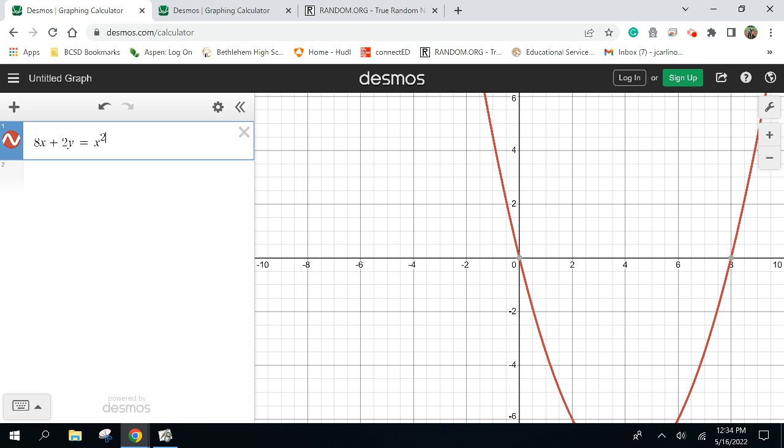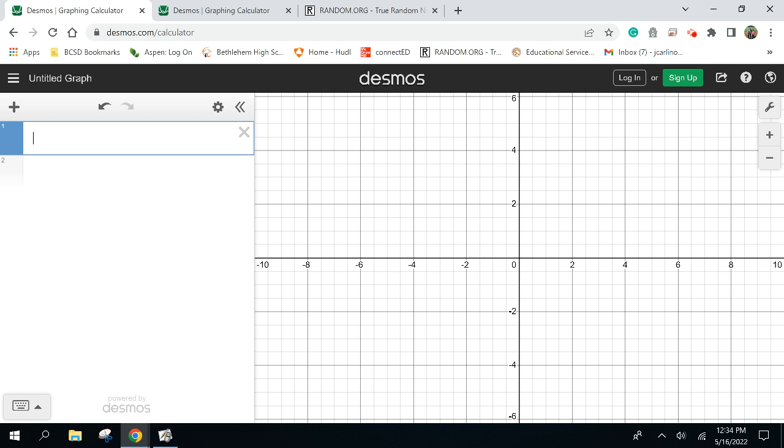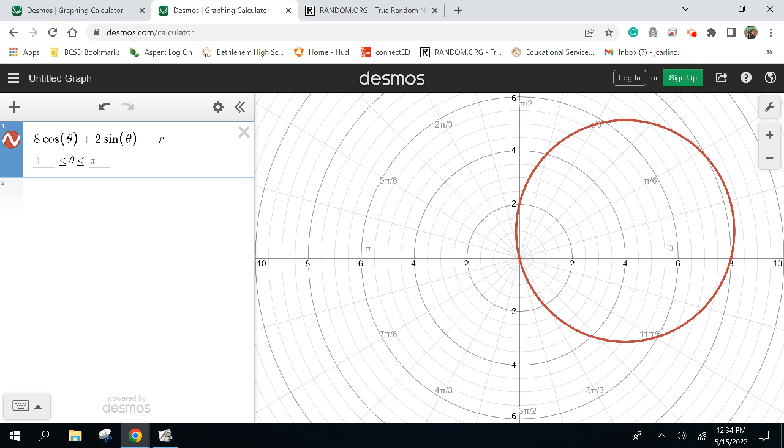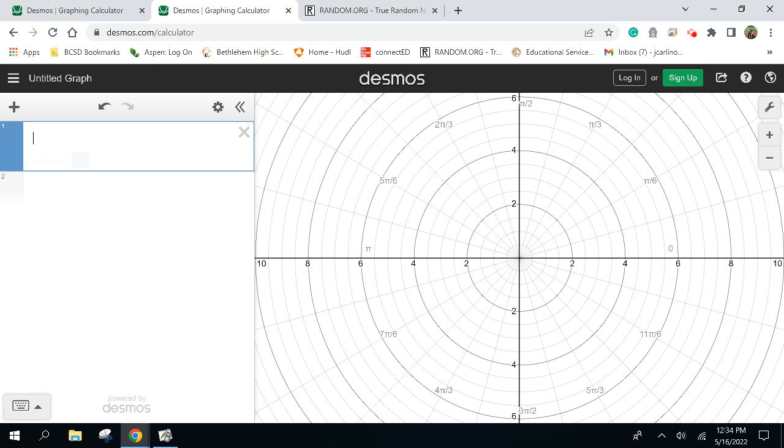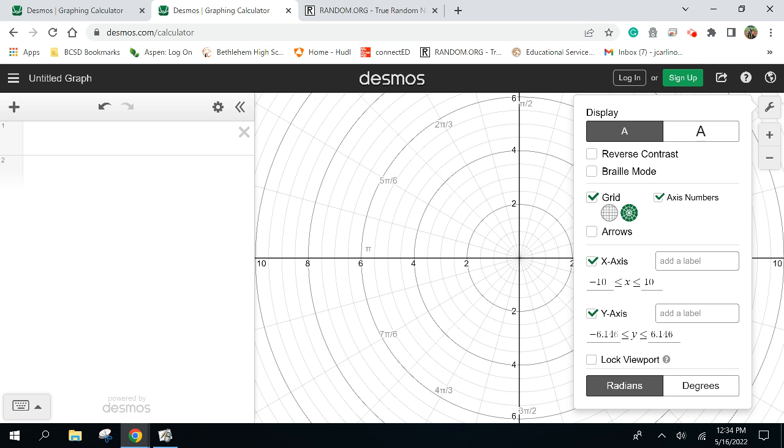Open up a second tab, and anybody that's been here a while, remember how to put it into polar? We hit that wrench on the right-hand side. Make sure the polar one is in green. Tap it, and it should change.